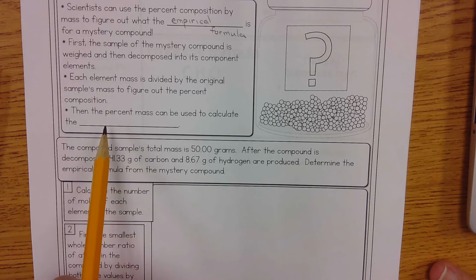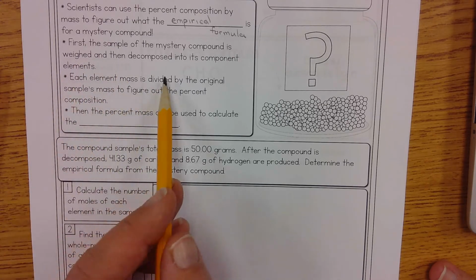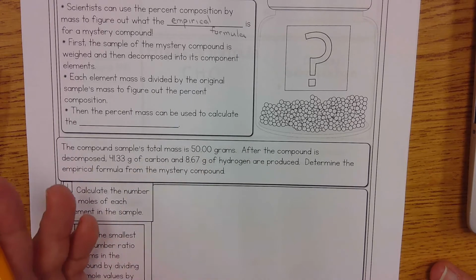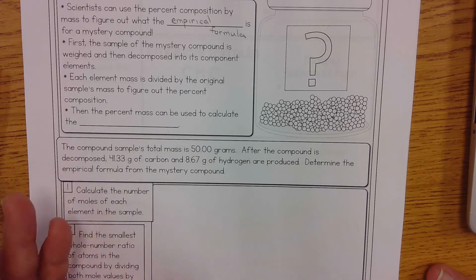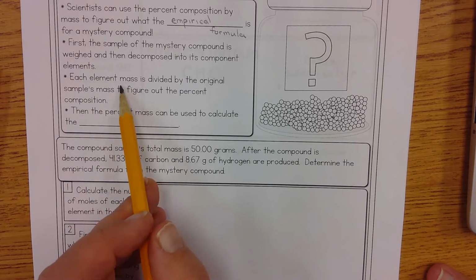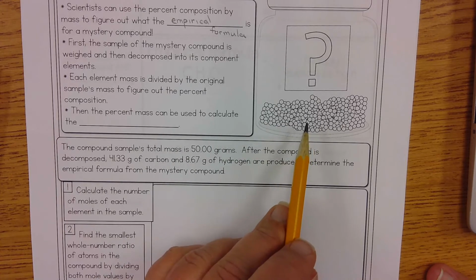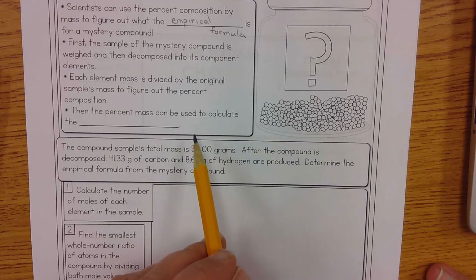So this is how that process goes. First, the sample of the compound is weighed and then decomposed. So you weigh it and then break it down into all its parts. Then each element mass is found. So you break down all the parts, weigh them, figure out the percent composition, right? That's just what we did with the acetic acid.